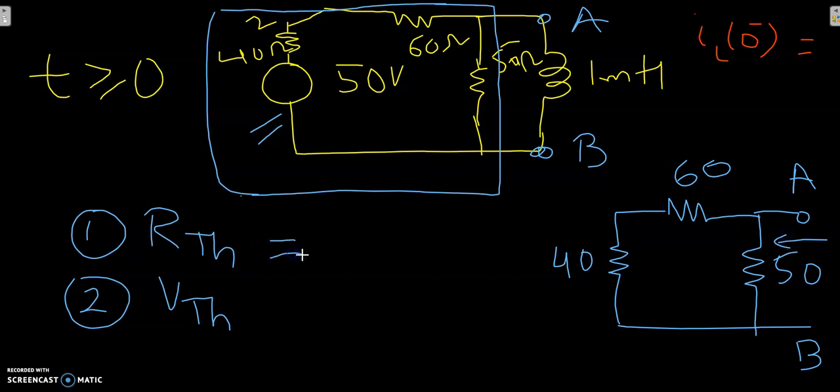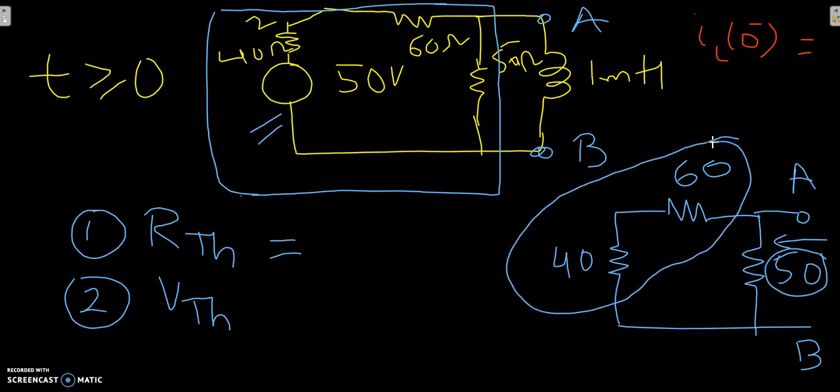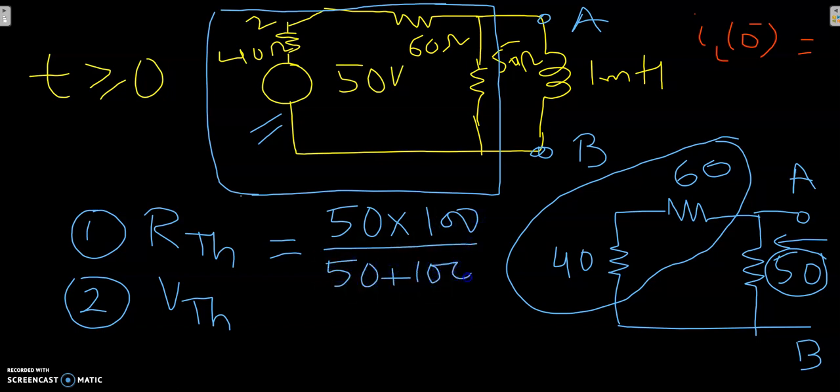RTH would be given by, this 50 is in parallel with the combination of these 2 resistors. So 50 into 100 divided by 50 plus 100. R1 into R2 divided by R1 plus R2.